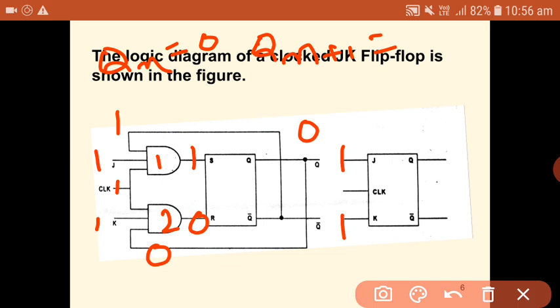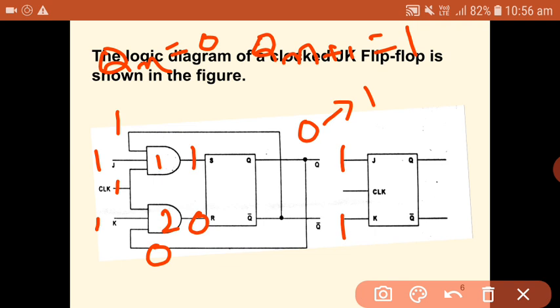Is it or not? So indirectly you are applying S is equal to 1 and R is equal to 0 to the SR flip flop, so what output will you be getting? You will be getting the output as 1. So previously Qn is 0, now the Qn+1 will be equal to what? 1 you are getting. Okay, this is one condition.